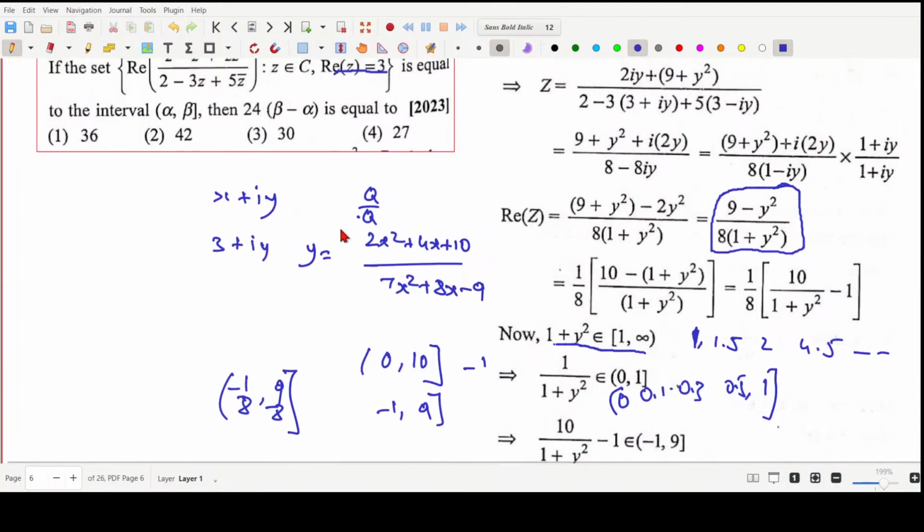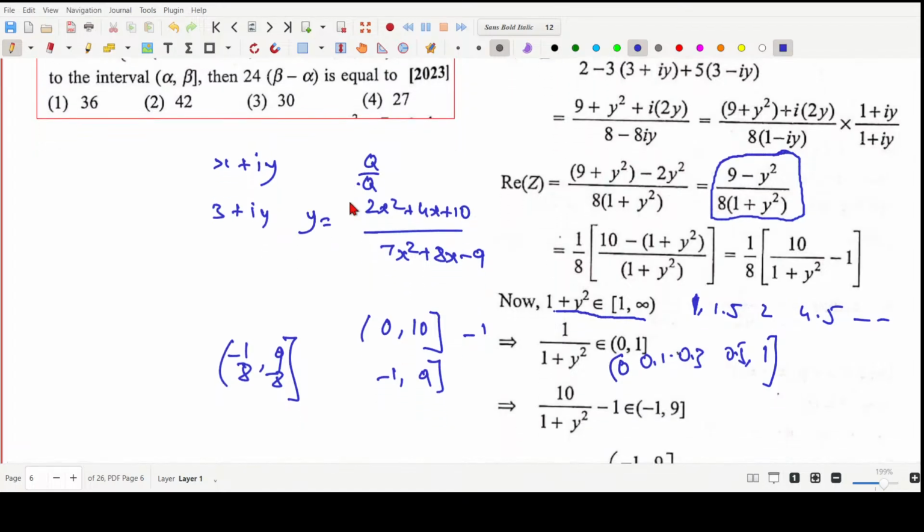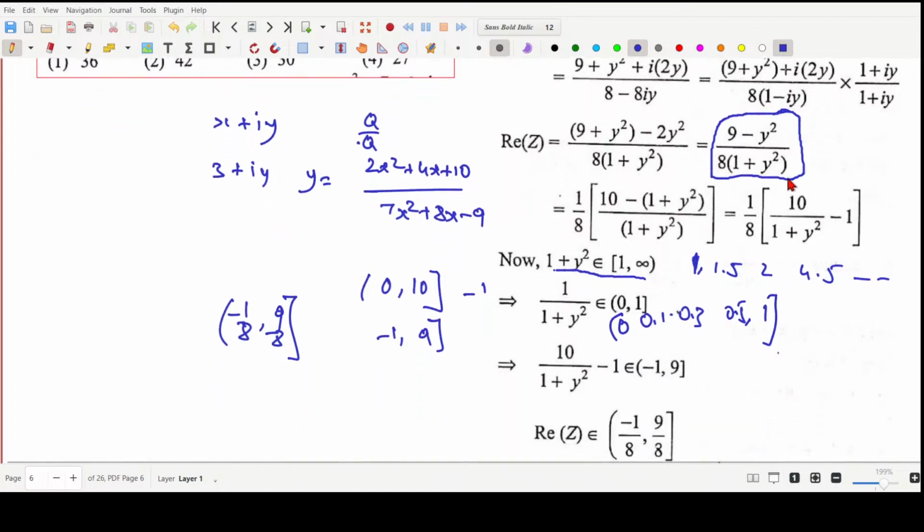Sir, can you come back again? A little bit lengthy question. How did you get minus 1 by 8 and 9 by 8? That part. See, we have to figure out what the range of this one is, right? 1 plus y square is between 1 and infinity. That means 1 by 1 plus y square will lie between 0 and 1, right? That means 10 times 1 by 1 plus y square will lie between 0 and 10, right?